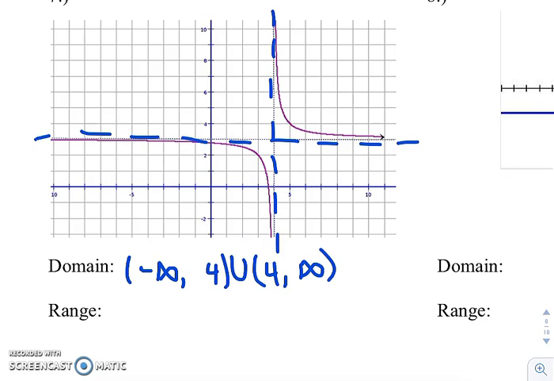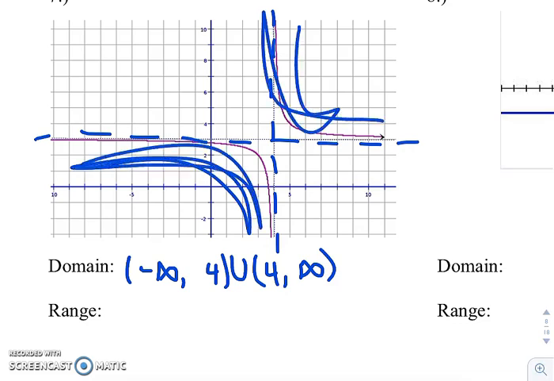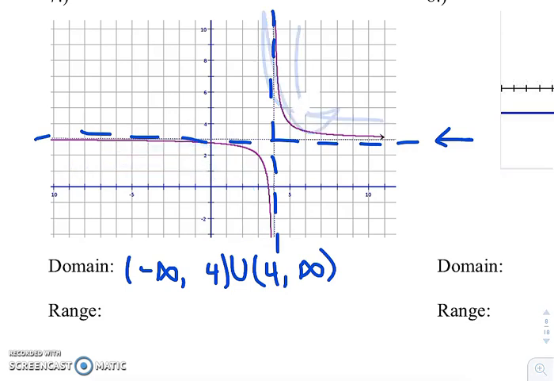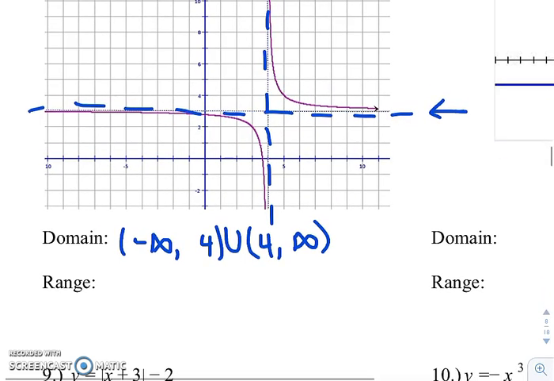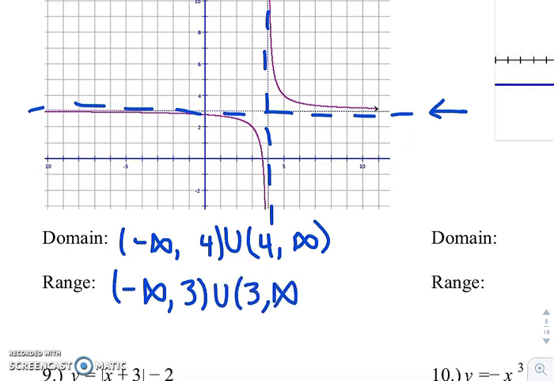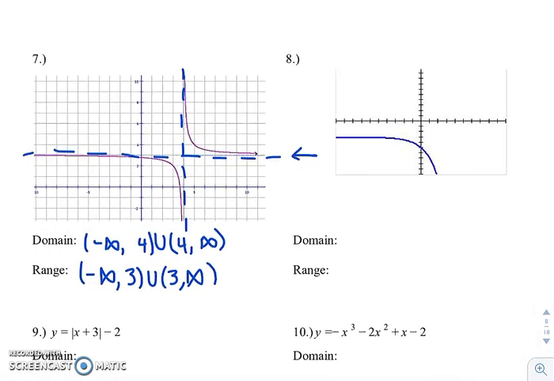So then for the range, we've got stuff below and above the horizontal asymptote that goes through positive 3. So for the range, we want to say everything below and up to 3. We're going to skip over 3 and then keep on going to positive infinity. So that's how you kind of show sections when you're working with domain and range.